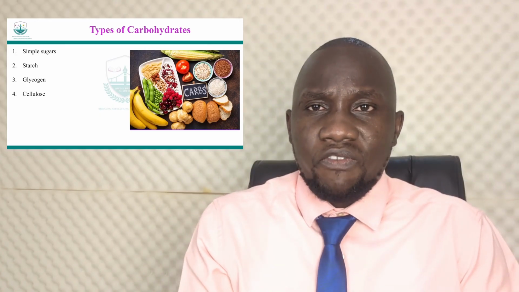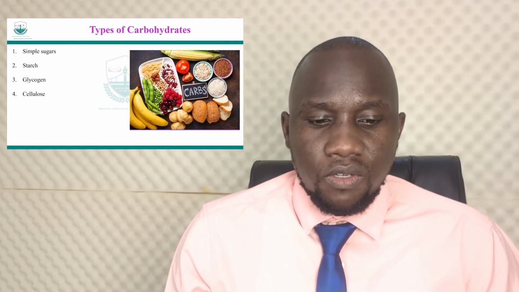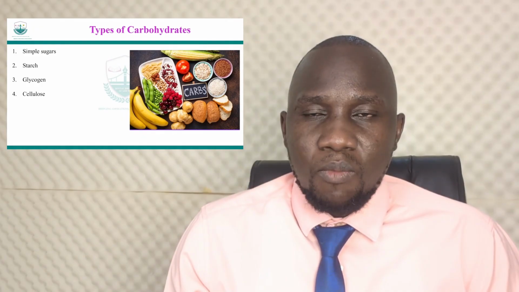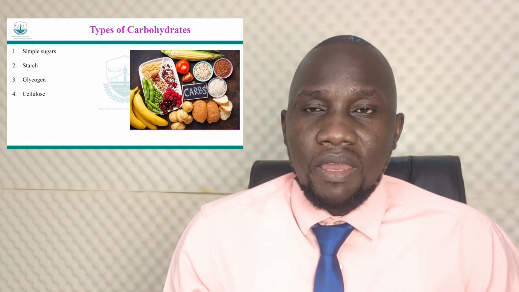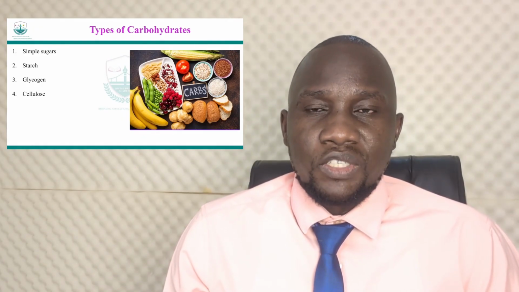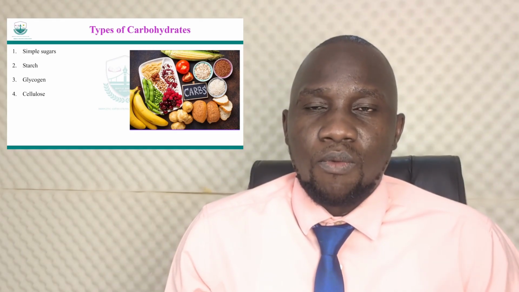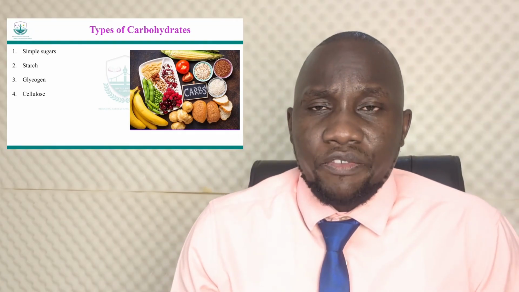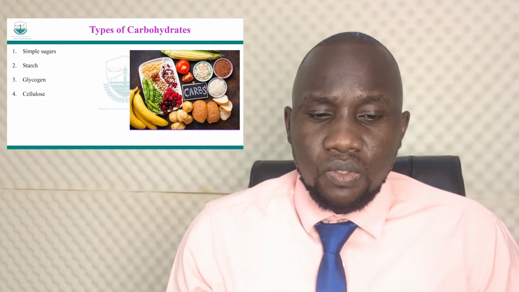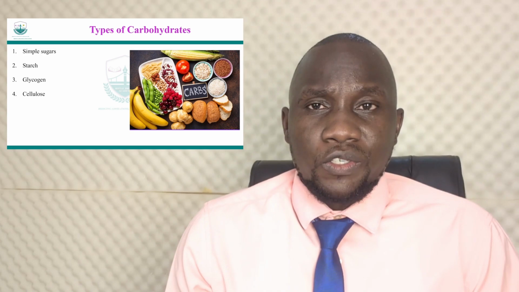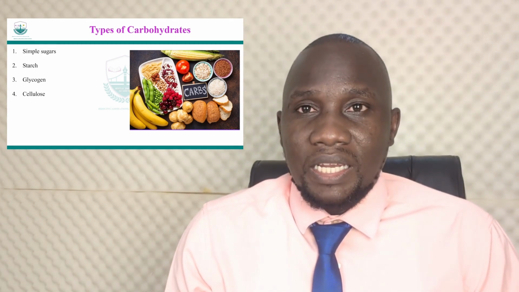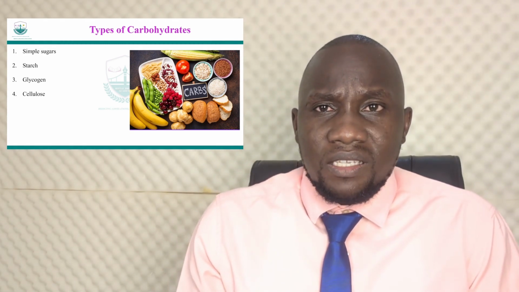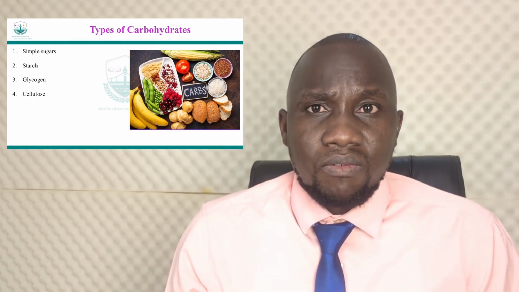So they are not very large molecules. Glycogen is the carbohydrate storage form in animals, and starch is the storage form of carbohydrates in plants. And then cellulose is also what we find in plants. So the structure of cellulose and starch, we need to look at that later on and see, these are all carbohydrates in plants, but what's the difference?